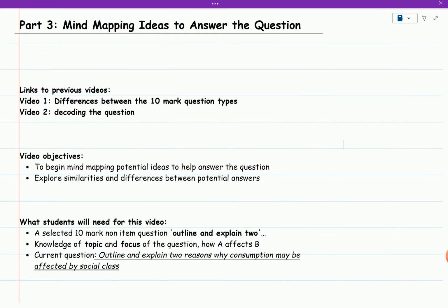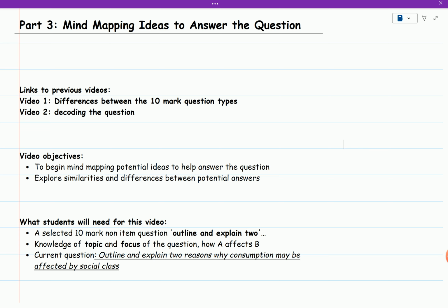And then there may be some points that fall into the same category of topic. It's important that we keep that in mind when we're talking about outline and explain 2 points. Those 2 points do need to be different, and it's potentially a problem for students when they write 2 paragraphs and it's essentially the same thing. So that's why we're going to be doing that in the second part.